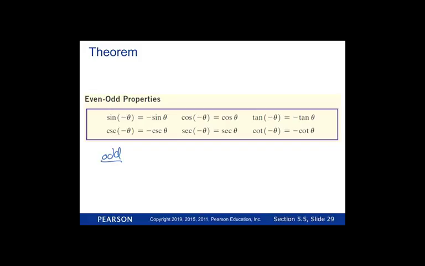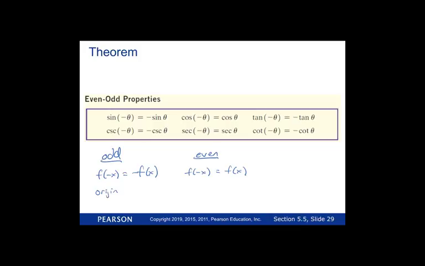A function being odd means that it's symmetric with respect to the origin. So the definition means that whenever we do f of negative x, this is the same as negative f of x. It's like we can factor out the negative. A function being even means when we do f of negative x, it's like the negative is gone. So we finish with f of x. Odd means origin symmetry.